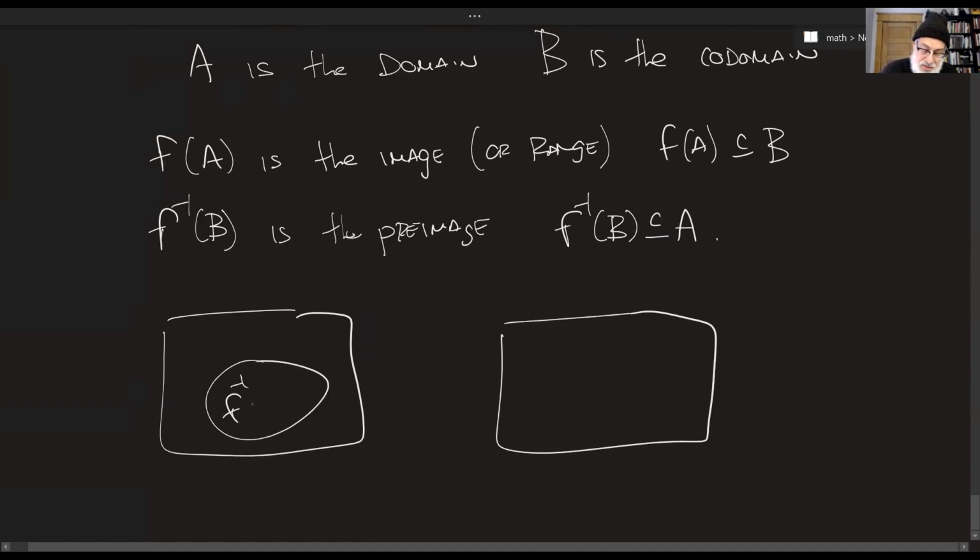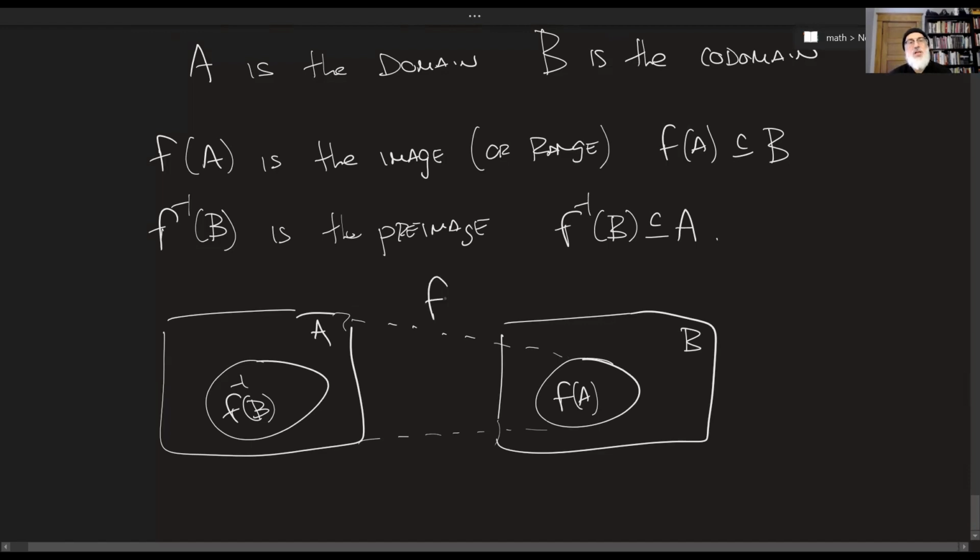So this is the set A, this is the set B, and this is f of A. So the function will take all of the things in A and map it to f of A. So that's what f does.